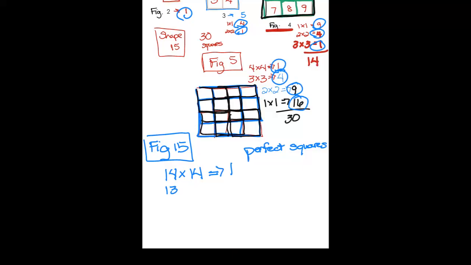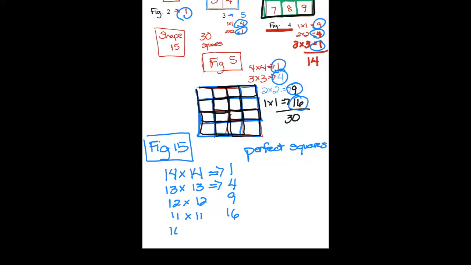How many 13 by 13s do you think I'm going to have, according to this pattern? 4. How many 12 by 12s? 9. How many 11 by 11s? Okay, and I need to get 14 numbers. I have 4 here.